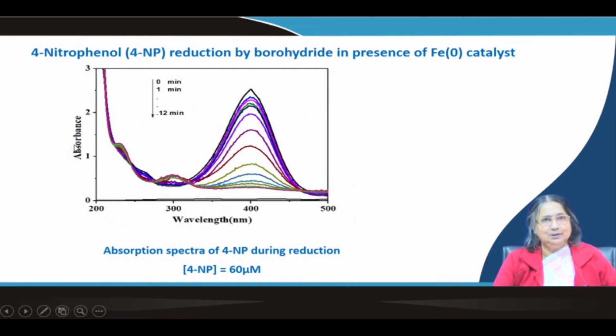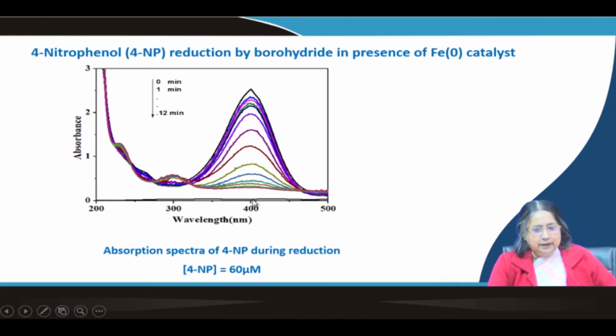You are not putting it, actually the instrument is doing it. Absorbance you are plotting against wavelength, because you are getting lots of different monochromatic lights having different wavelengths. Thus the maximum absorption occurs at 400 nanometers. This is characteristic of the nitrophenolate.